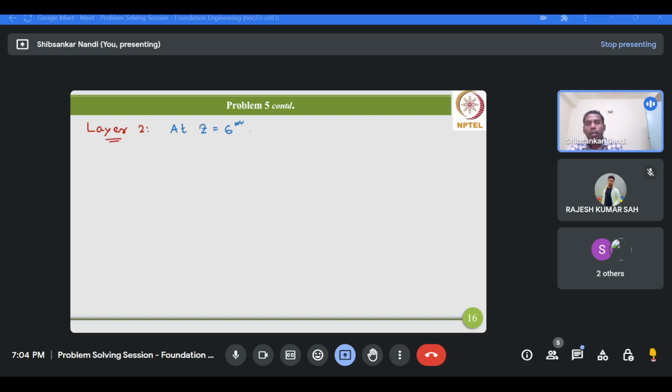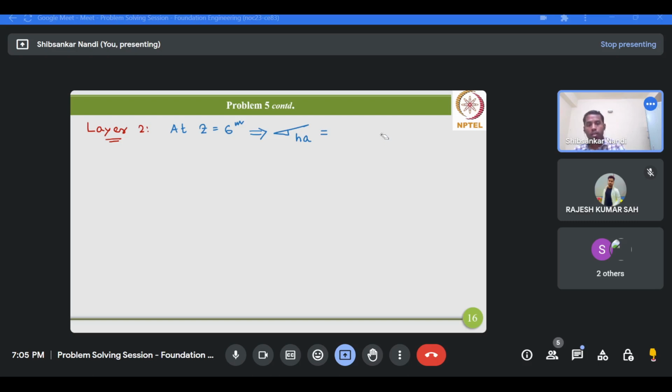So how can we determine this? Sigma HA: from now onwards there will not be any cohesion component, so only the gamma Z component.